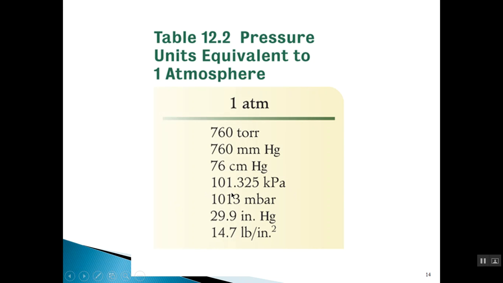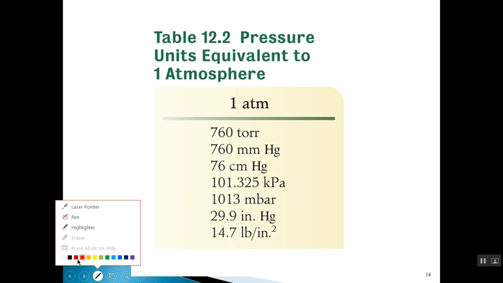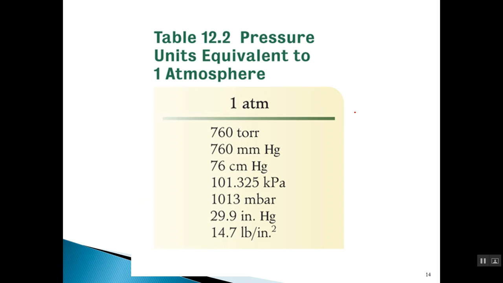And then there's another unit known as the Pascal unit. You'll see this in a table that I will make available for you in Canvas. Let me just write it down here. 1 Pascal is the same thing as 1 Newton per meter squared. All right, and this comes from the equation I showed you before. Remember, pressure is equal to force divided by area.